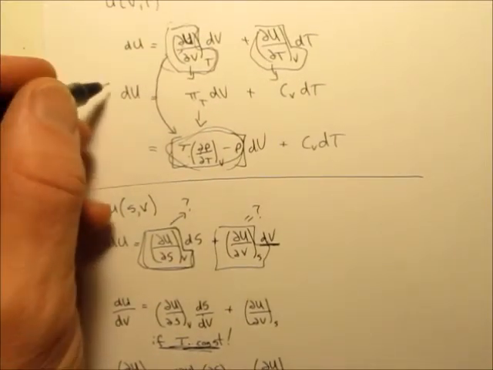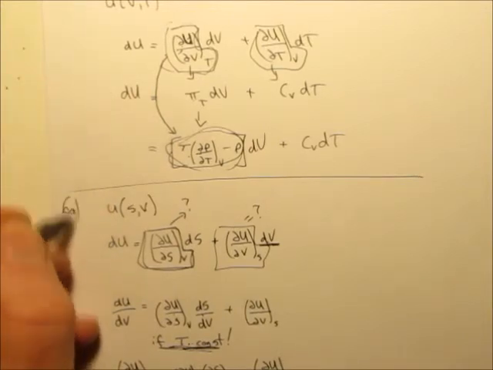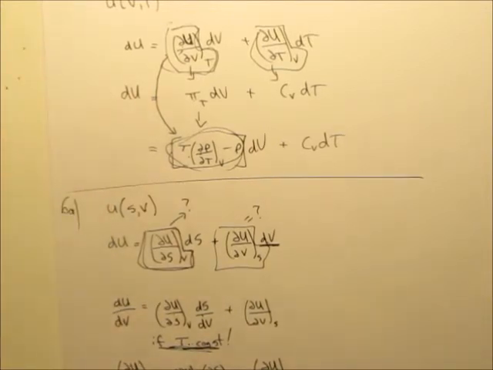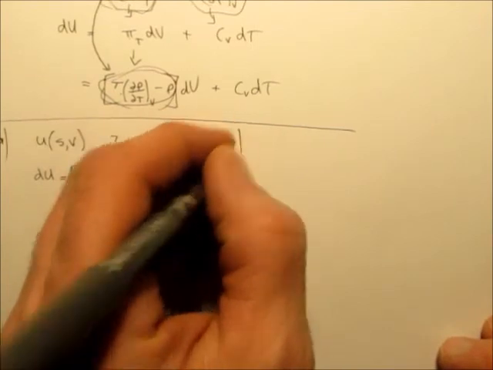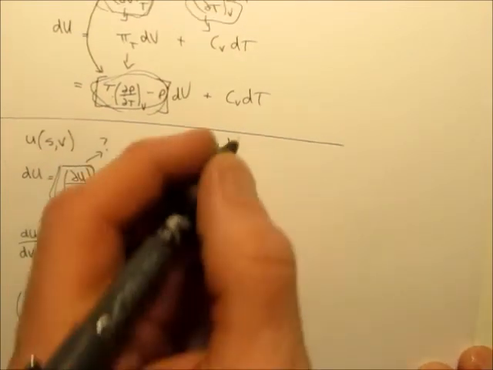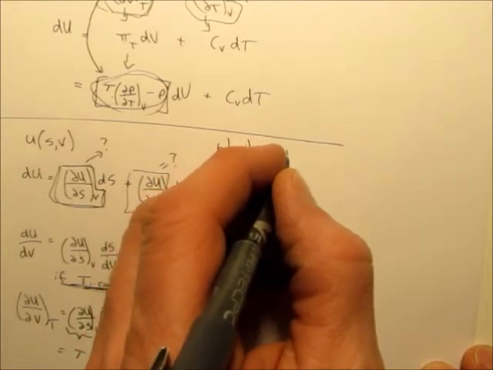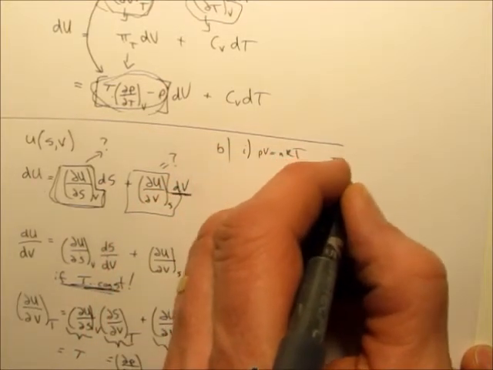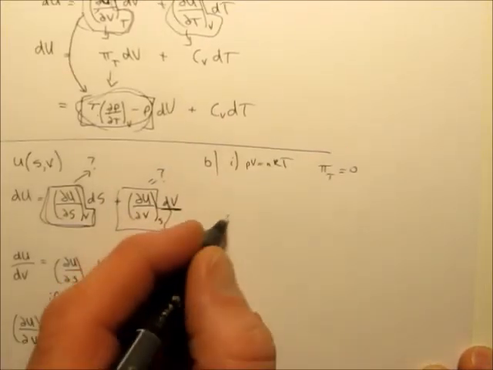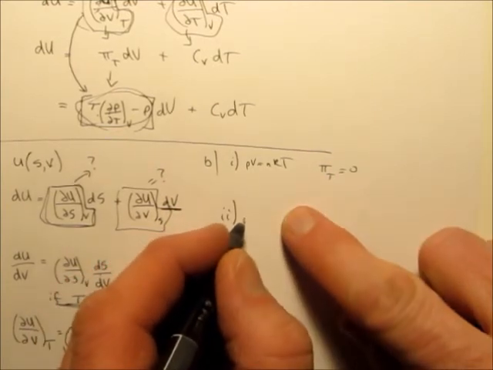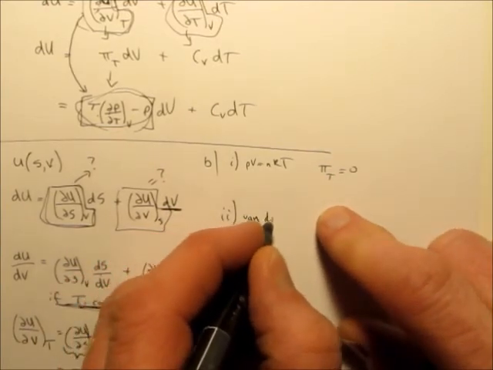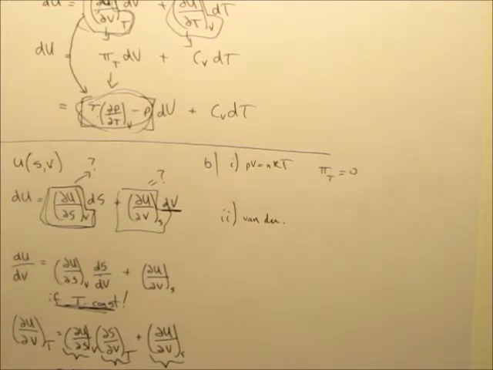So I believe that this is essentially 6a. So the next step, which I think you've already done, is show how for an ideal gas, pi T is going to have to equal 0. And then for part 2, do the van der Waals. I think you've already previously done this.